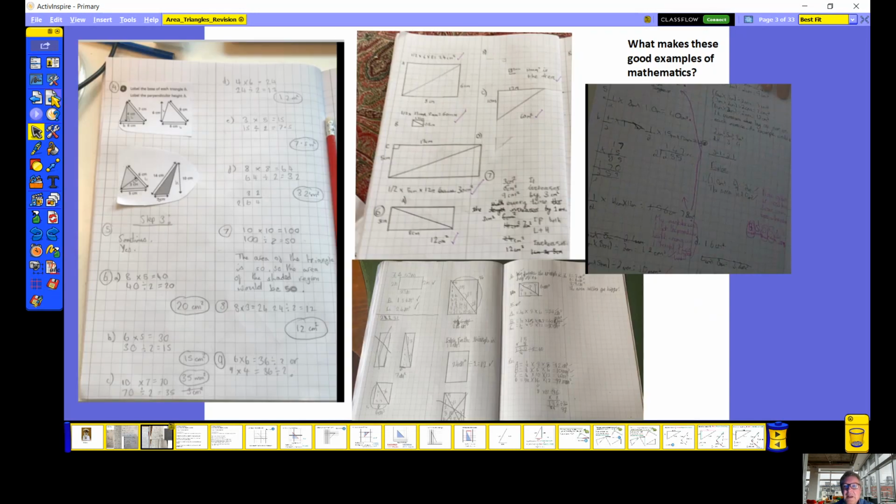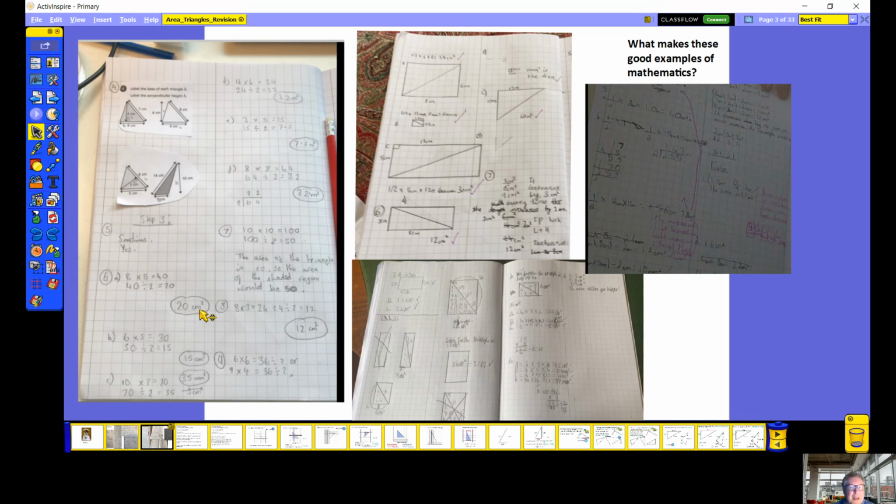Moving over here, what makes these good examples? So this was a tip we had. If for a particular question you need the diagram to refer to, carefully put it in your book. There it is. We've got workings out here. We've got the right units, centimeter squared.